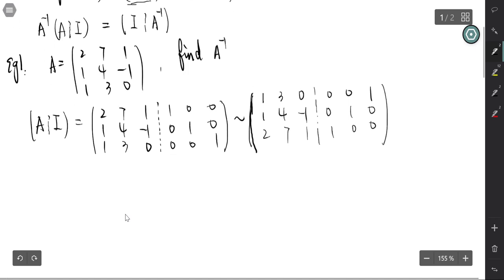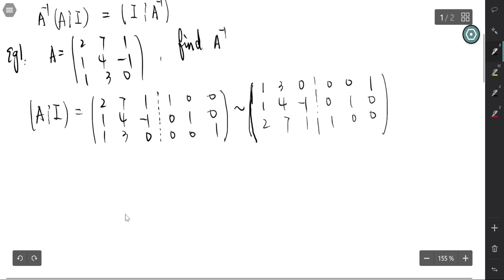And then the second row subtract the first row, and the first row times negative 2, then add to the third row. The second row subtract the first row gives 1, negative 1, and then 0, 1, negative 1.